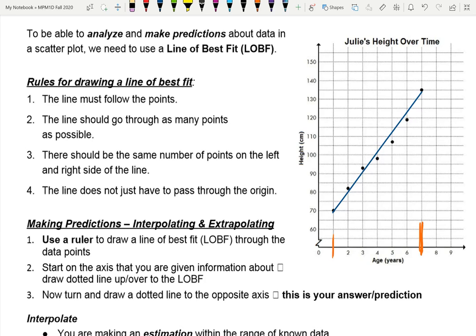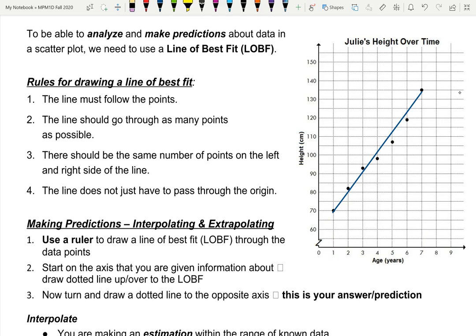Extrapolation is any information outside of the information that we're given. So making any predictions outside of the information provided. Any information that is before age 1 or that is after age 7, we would make predictions using extrapolation.